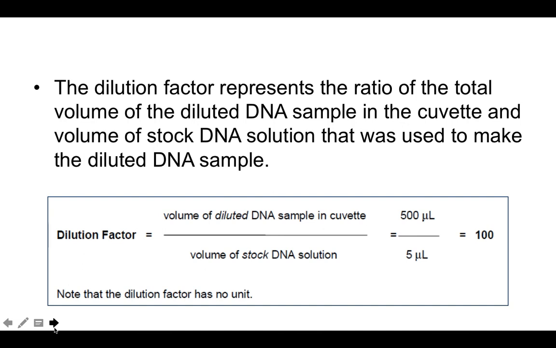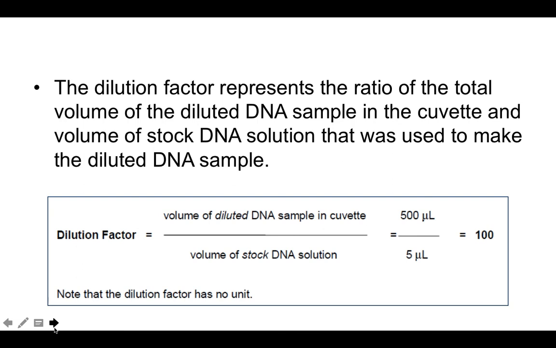So the dilution factor represents the ratio of the total volume of the diluted DNA sample in your cuvette and the volume of the stock DNA solution that was used to make that sample. So that's always your dilution factor.